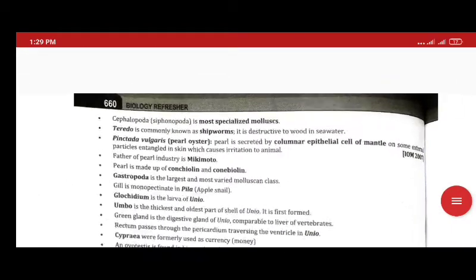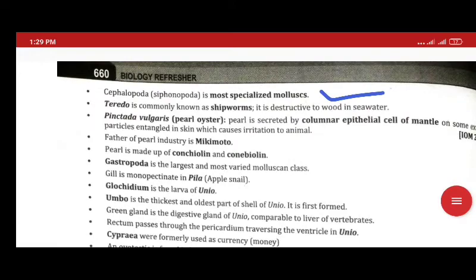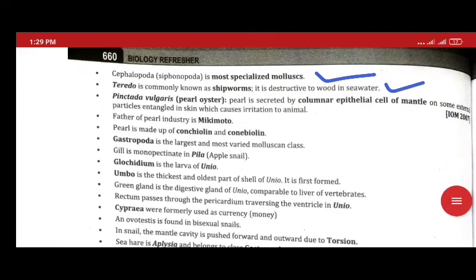Now for the point, Cephalopoda are the most specialized Mollusca due to the siphon jet engine, and also have shells for protection. Teredo, the shipworm, destroys ships in seawater.